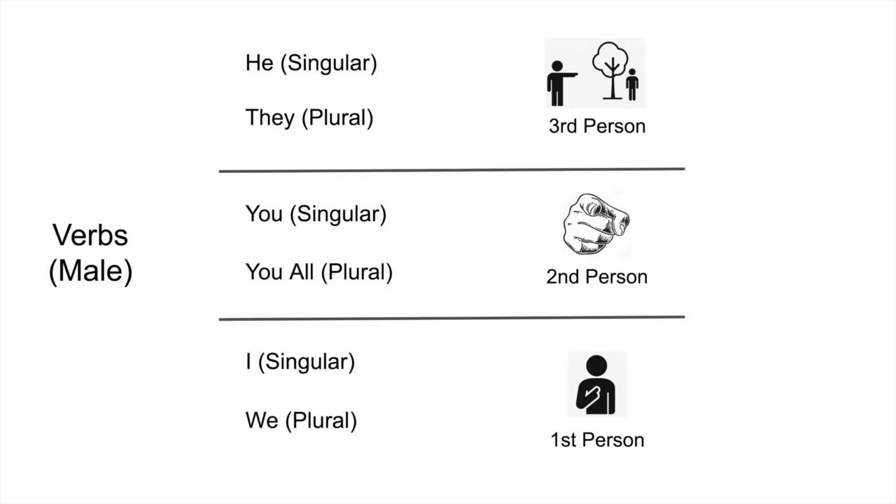That is all we are doing here, just recognizing who the verb is talking about. In this lesson, we focus only on the male forms, not because others are unimportant, but because these forms occur most often. Once you recognize these, the other forms become much easier later. For now, focus on recognition, not details.